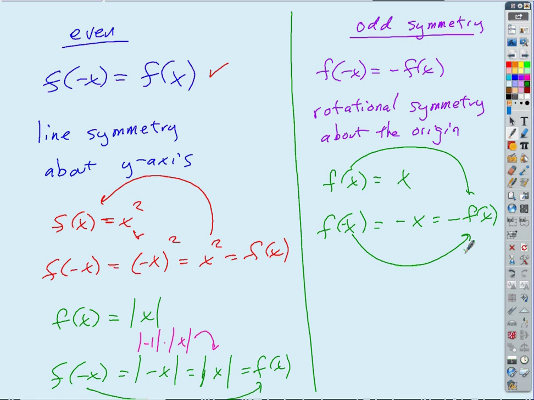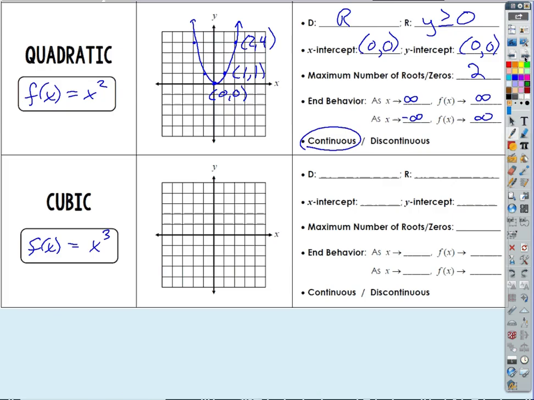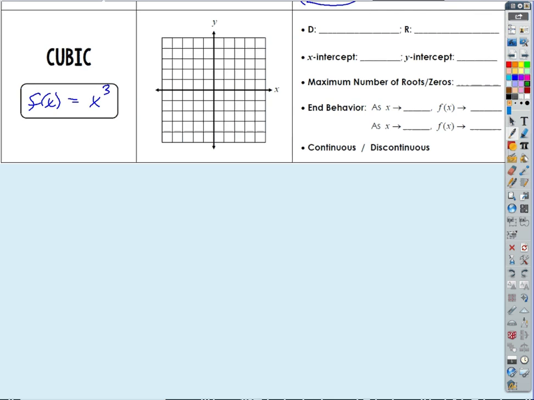Okay? All right, so now let's go one step further to our cubic function. Let's test this one before we graph it to see if it has any symmetry. So if we go back and apply our test, we don't know what the outcome's going to be yet, right? So for our cubic function, what's f of negative x going to give us back? Well, every place I have an x, I'm going to replace that with a quantity to dump the negative x into.